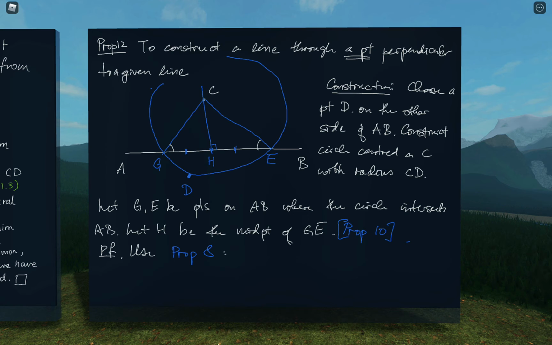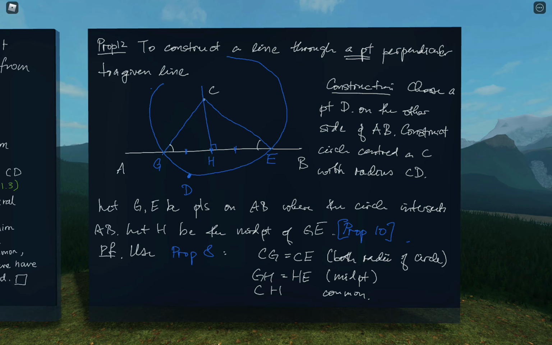If they're the same, then they're right angles. And what we're actually going to do is use proposition 8 and a congruent triangle. So CG is equal to CE, because they're both radii of the same circle. And we also have GH equal to HE by construction, right? It's a midpoint. And we have a common side, which is CH.